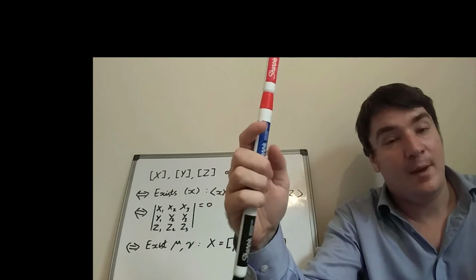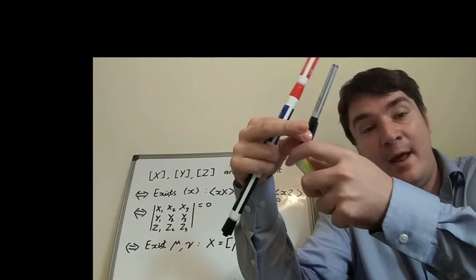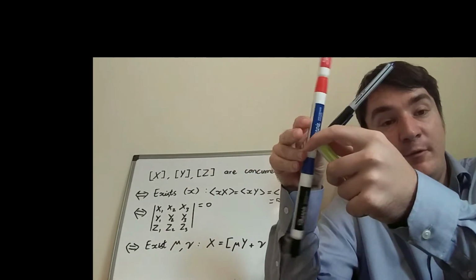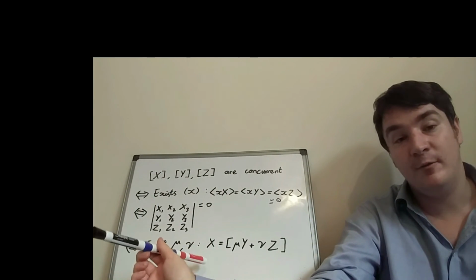Okay, so we have a couple of lines y and z, and they're meeting at a specific point, and this is essentially a parameterization of all of these lines.